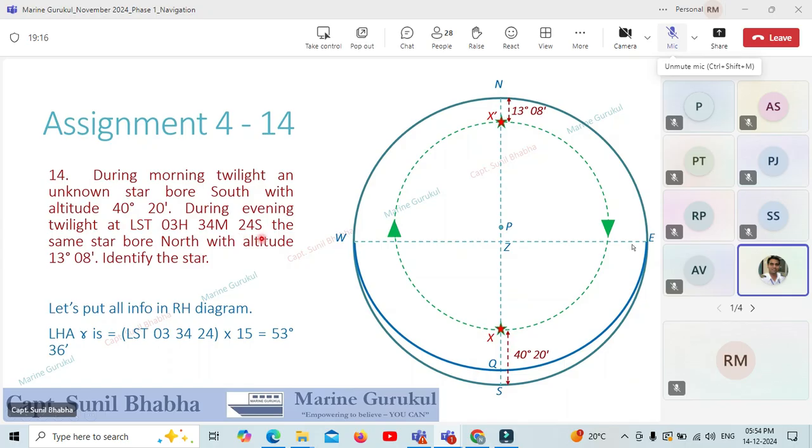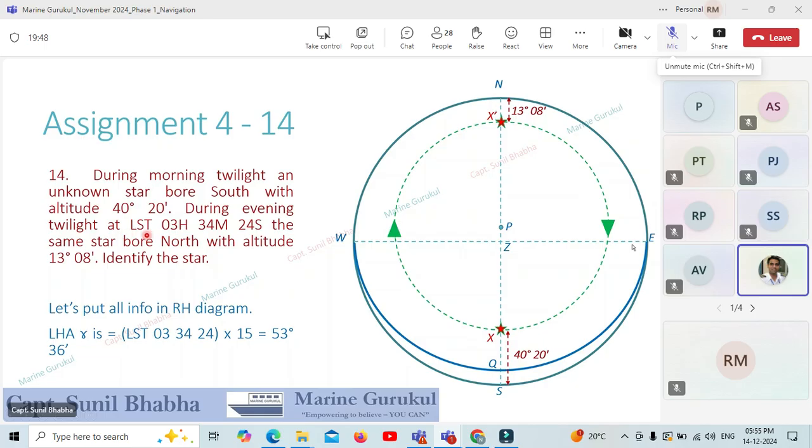We can easily convert it into angular units by multiplying by 15. So we multiply this LST 3h 34m 24s by 15 and we get a value of 53 degrees 36 minutes. So this 53 degrees 36 minutes is the westerly hour angle of Aries measured from the observer's meridian. And this is the definition of LHA Aries.